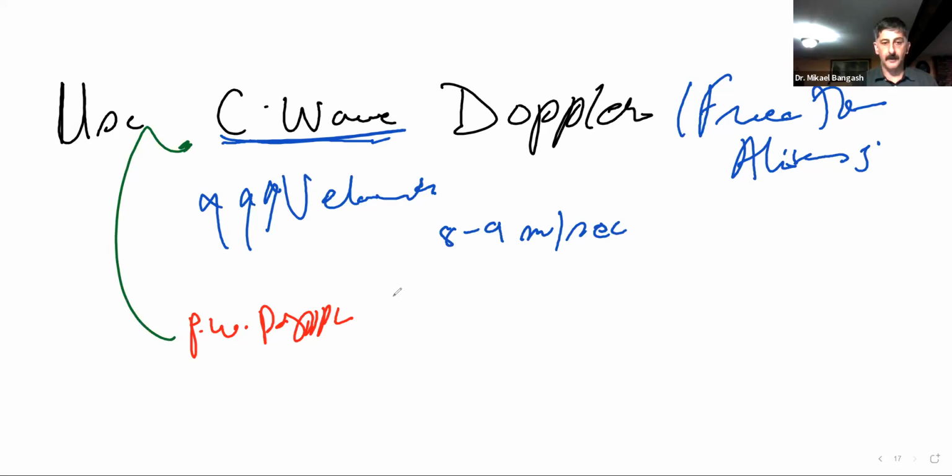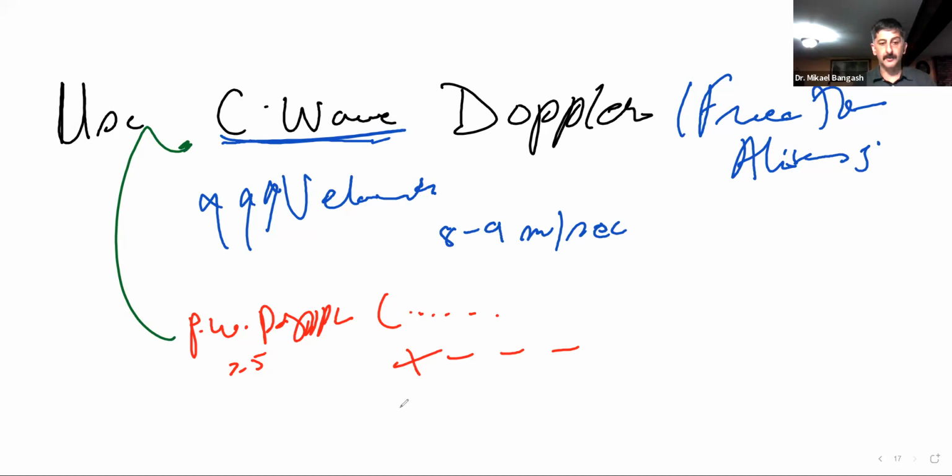Because with pulsed wave Doppler, we will see aliasing first, since it has very low velocities. But even with pulsed wave Doppler, we could still get rid of aliasing, primarily by increasing the scale.